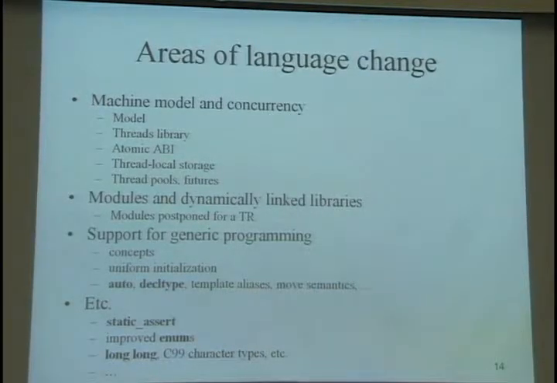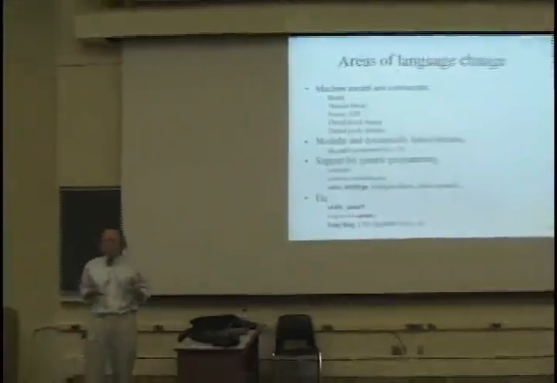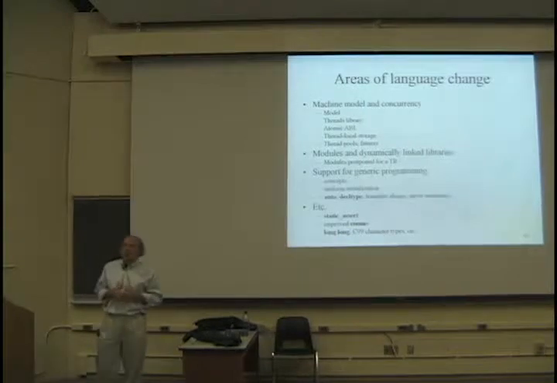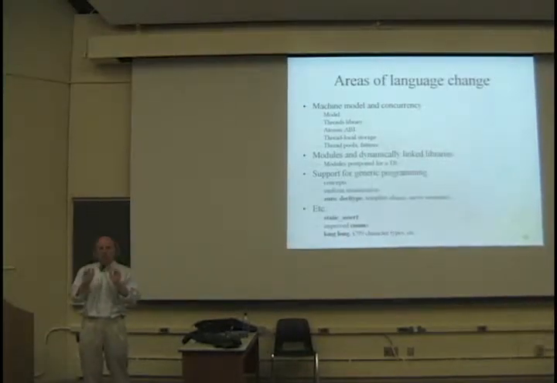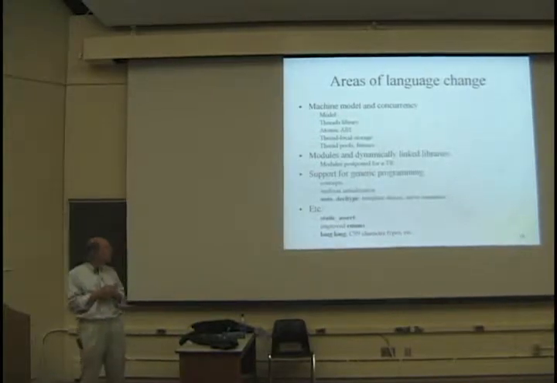I told you everything here has been done by volunteers, and we just haven't had the critical mass of people and time to get a standardized notion of what a module is and what a dynamically linked library is. So you're back to trying to write something that will work on different systems using the native facilities.